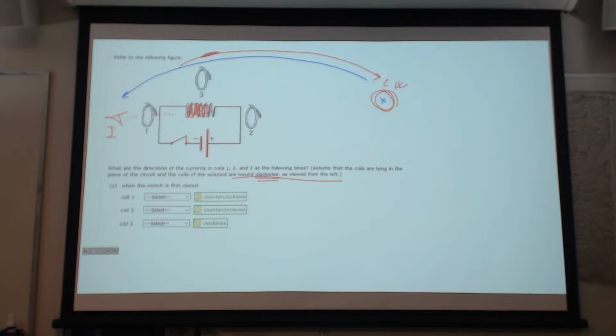Would it not be into the page? Well, into the page is for you. This person is not looking at the page. This person is looking at the solenoid from the side. So for that person, the same arrow has a different direction.